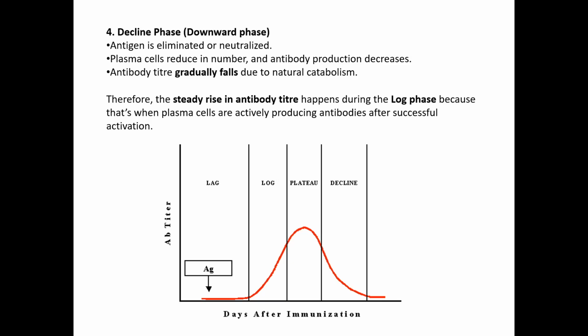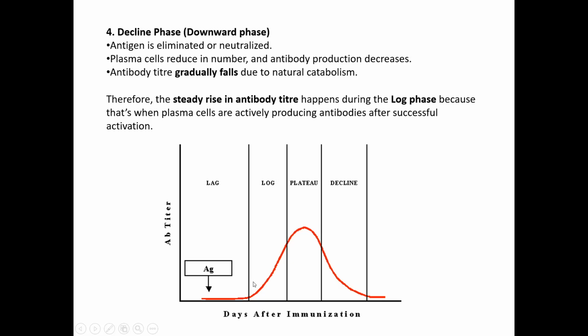Then, after the antibody concentration or titer gradually falls down, it will go into the downward phase.